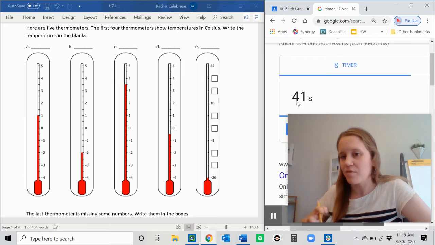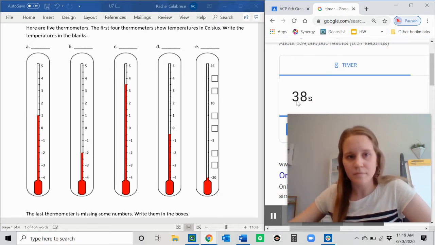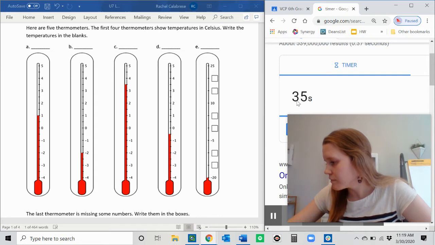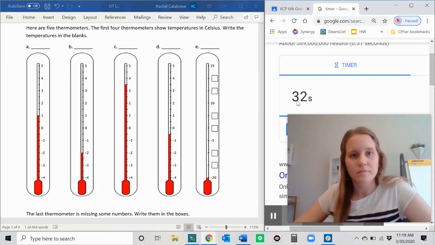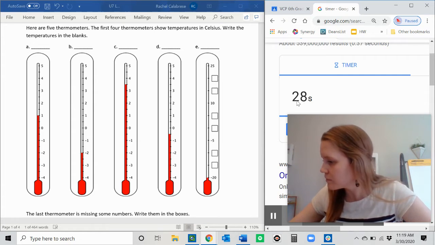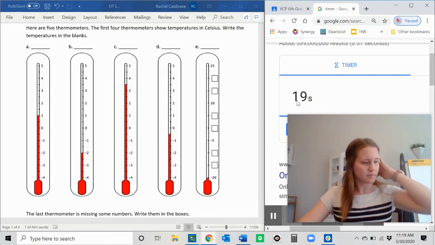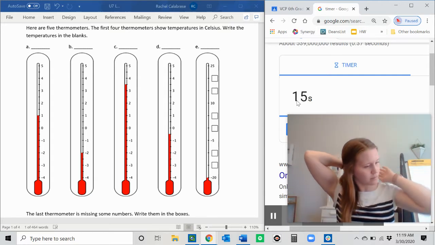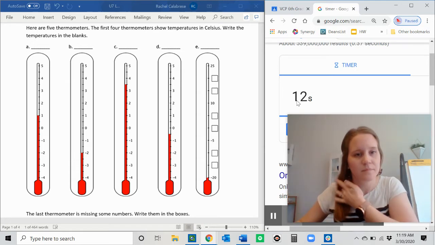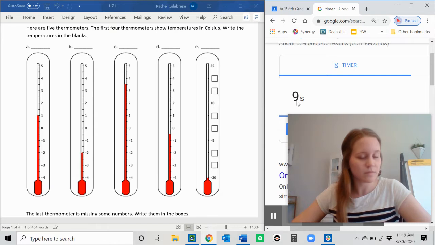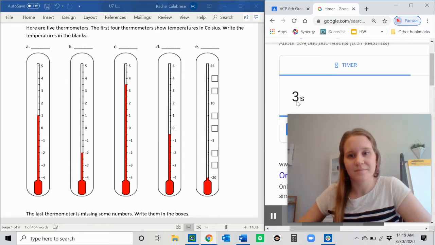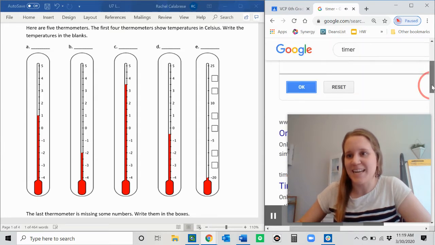We are halfway through our time, about 40 seconds left. All right, there is our time.